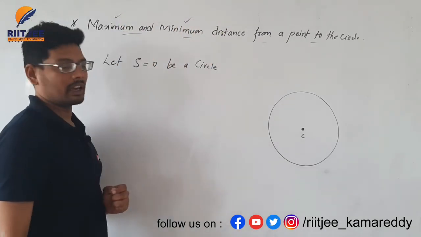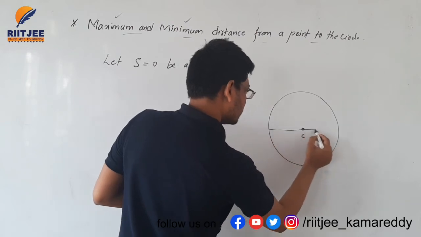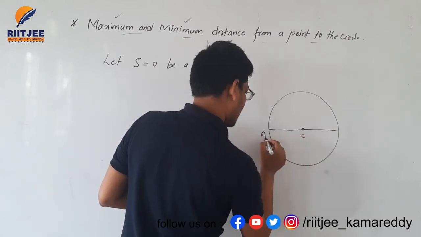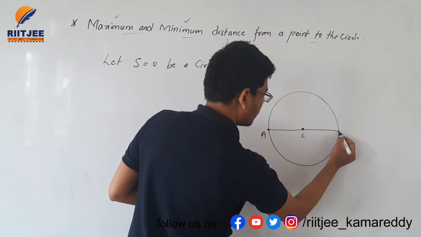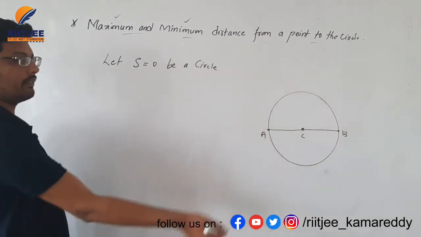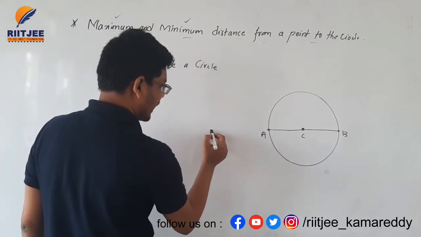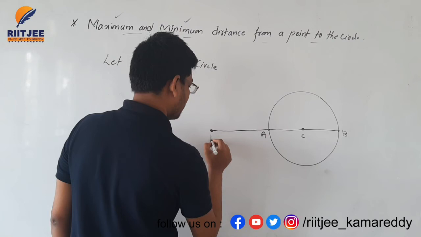I am taking the diameter AB, with A and B points on the circle, and a point somewhere outside of the circle. This is the point P.